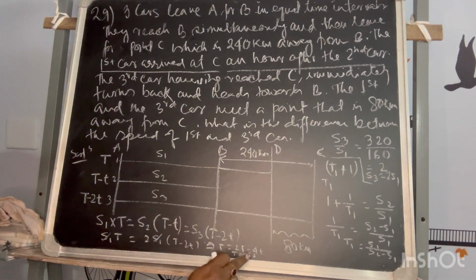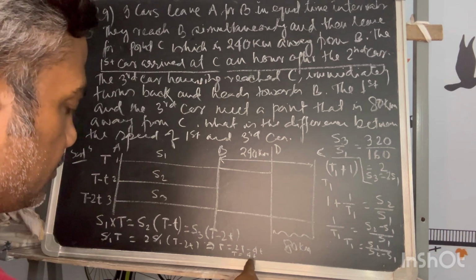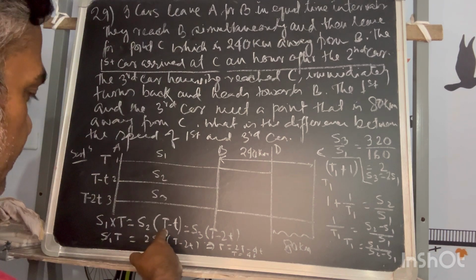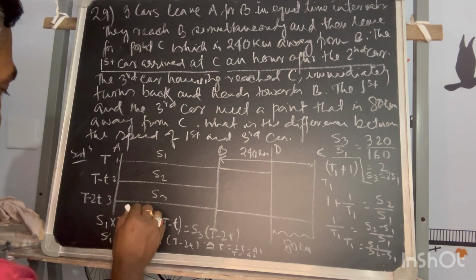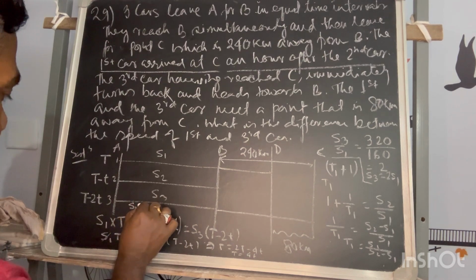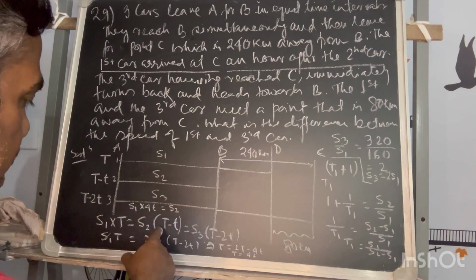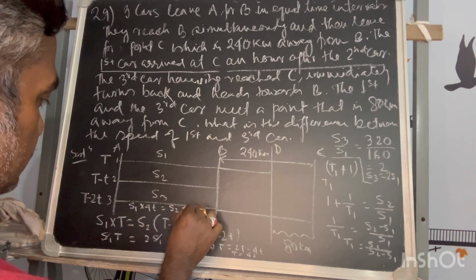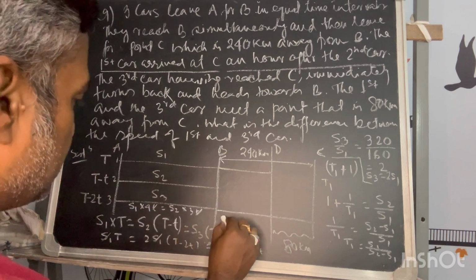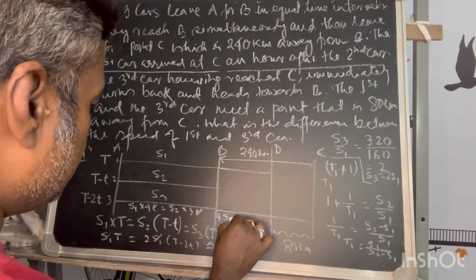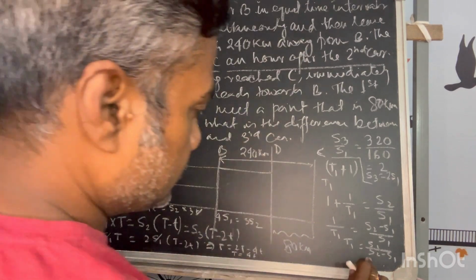So from there, if I replace T is equal to 4t in the first equation, S1 into 4t is equal to S2 into 4t minus 3t. So t will be cancelled out. So 4S1 is equal to 3S2. Okay, so I can put it here.